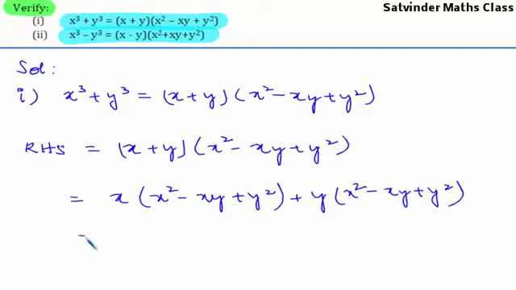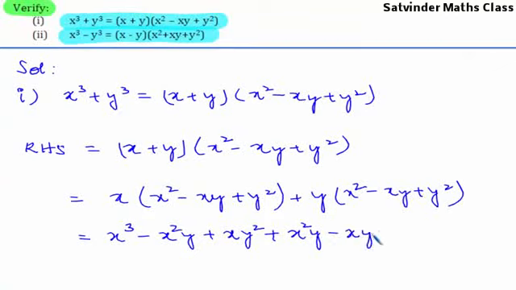Let us simplify this. We will get x into x square is x cube, minus x square y, plus xy square, plus you will have y into x square is x square y, minus y into xy is xy square, plus y into y square is y cube.